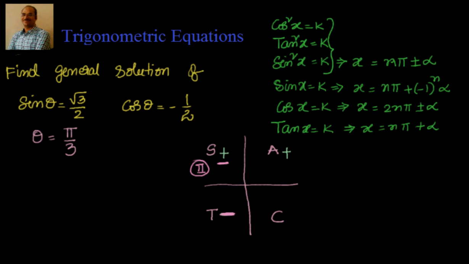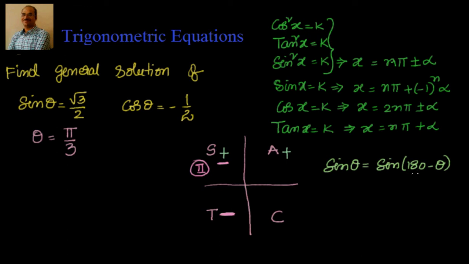So in the second quadrant, what will be the angle? If it is in the first quadrant, the angle is 60 degrees. But in the second quadrant, you want to have cos and sin together. So we have to go back and see that sin of theta is nothing but equal to sin of 180 minus theta. You will agree with me? Because sin is positive in the second quadrant.